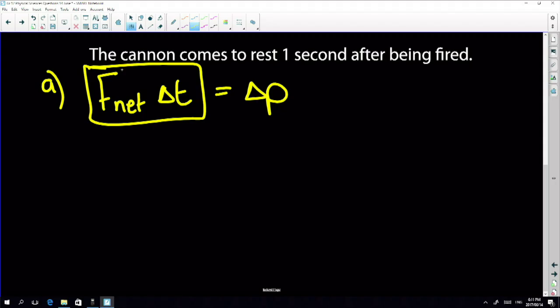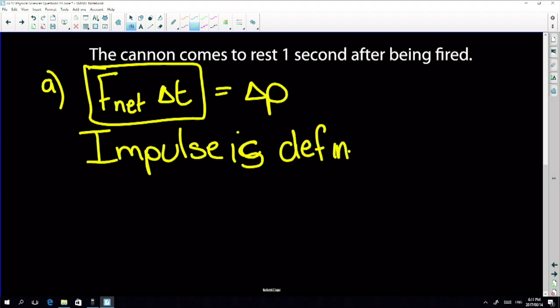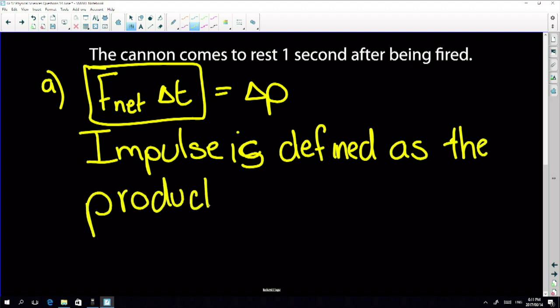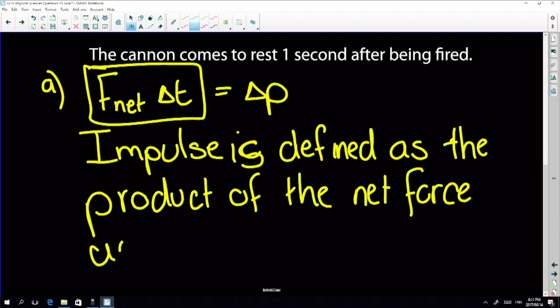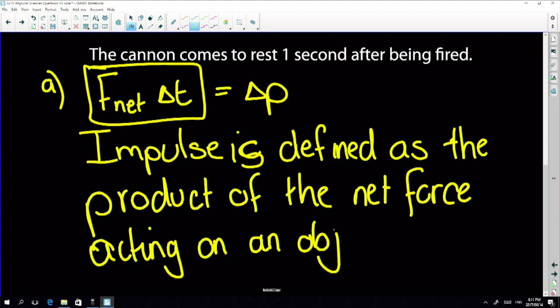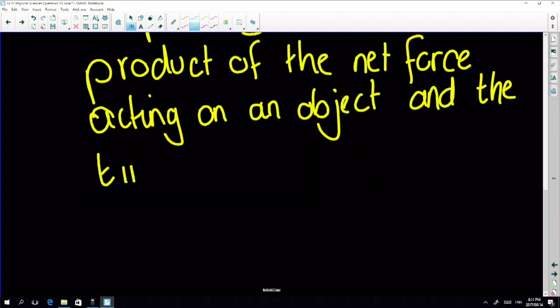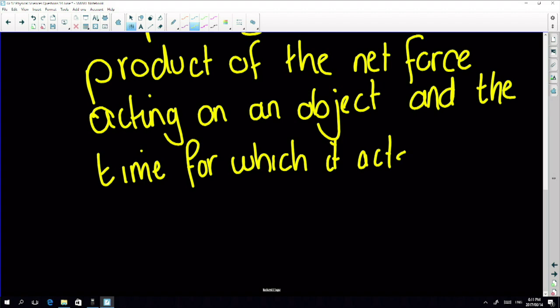The definition of impulse comes from the first part of this equation, from F net delta T. So we would go impulse is defined as the product of the net force acting on an object and the time for which it acts, okay?